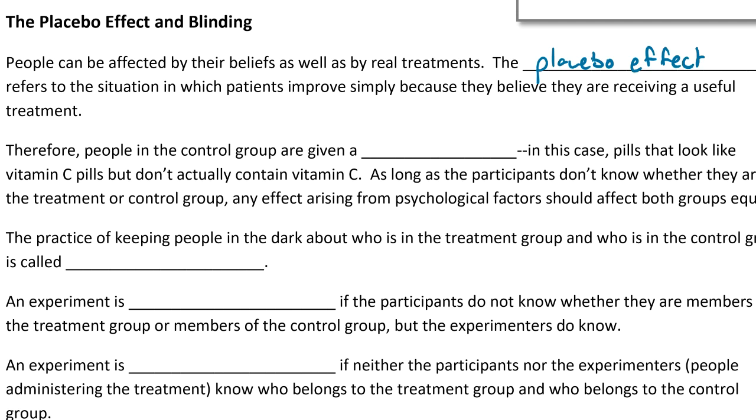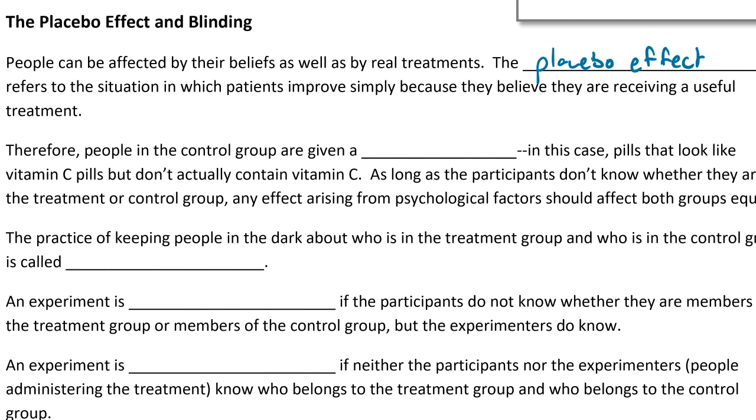All right, so it means that the control group might change if they think that they're getting a treatment. Even though they're not actually getting any kind of treatment, it might change a bit just because they think they are getting treated. All right?